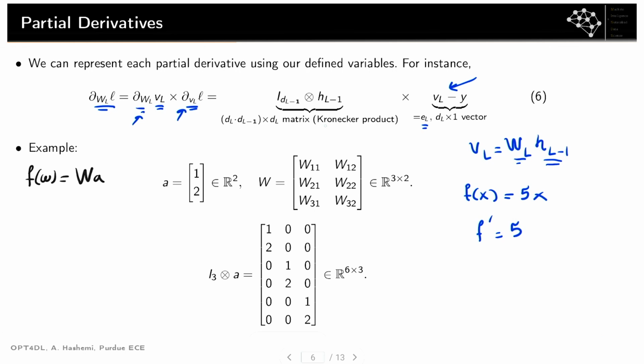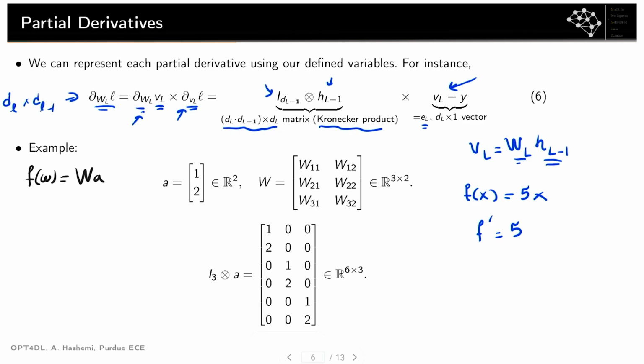In this case, we introduce what we call the Kronecker product between an identity matrix with appropriate dimension and H_{L-1}. All that matters is that the dimension is such that the final partial derivative has the correct dimension, a vector of size D_L times D_{L-1}.